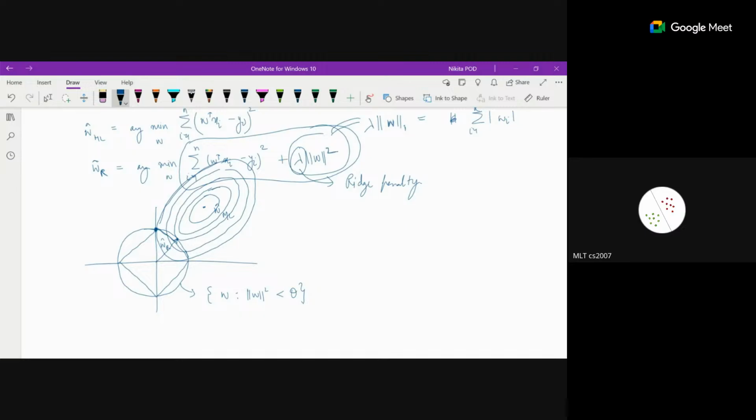How do we choose this penalty parameter is something of interest. To estimate these lambdas, what you can do is use cross validation.